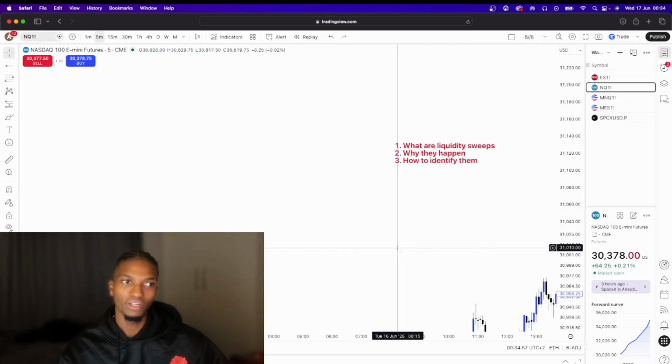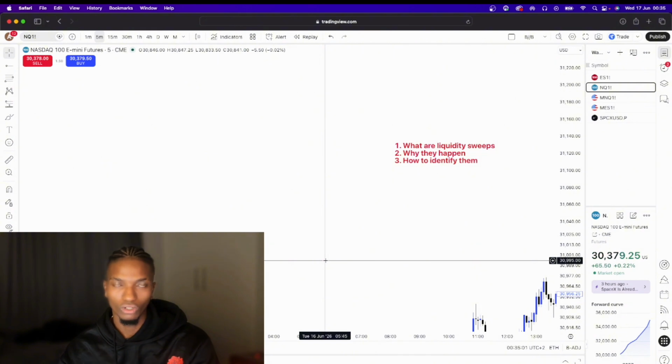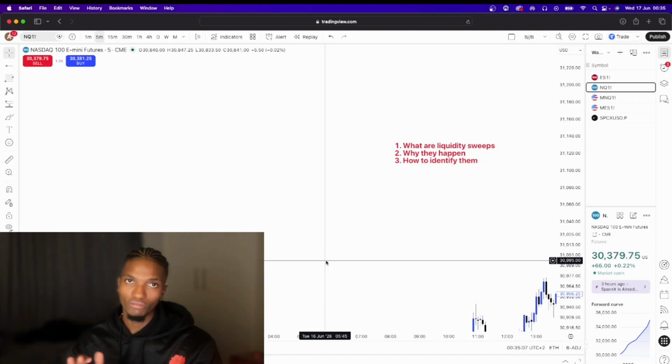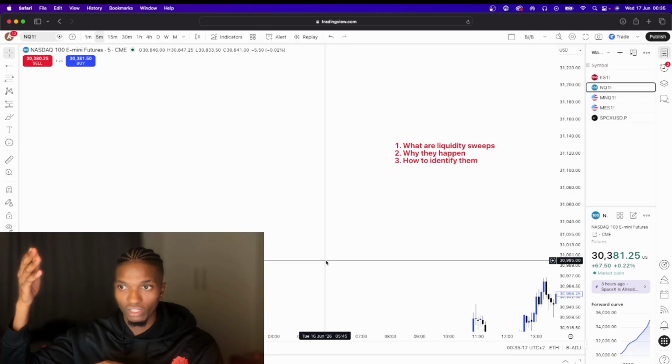Now, why do they happen? I'm pretty sure I explained why they happen, so let's say people who bought the symbol or the currency pair or the commodity at a discount price, right? They want to offload at a premium, right? They want to sell at a premium price.